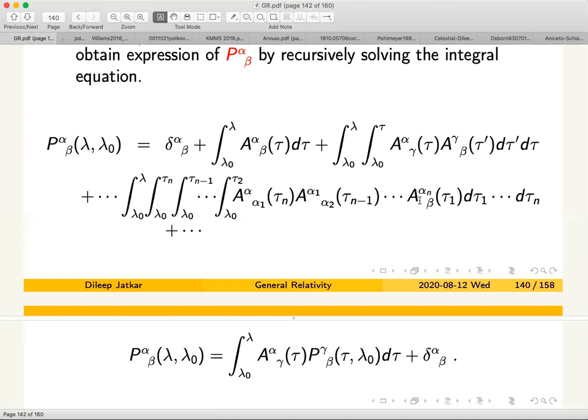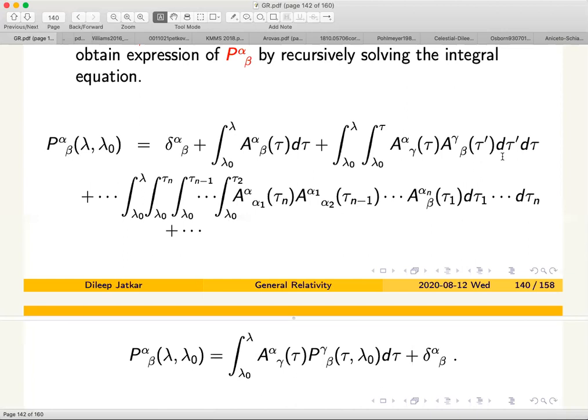Okay, the nth term would look something like this: alpha alpha 1, alpha 1 alpha 2, dot dot dot, alpha n beta, and then integrate over n such variables, tau n minus 1, dot dot dot, tau 1. Notice that these integrals are done in a particular order.